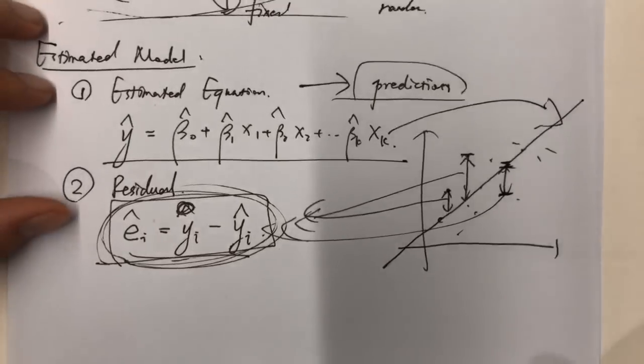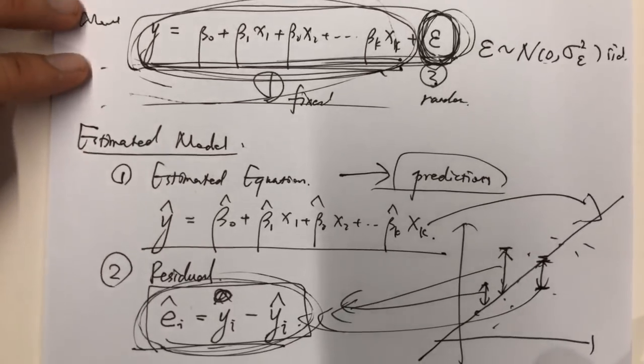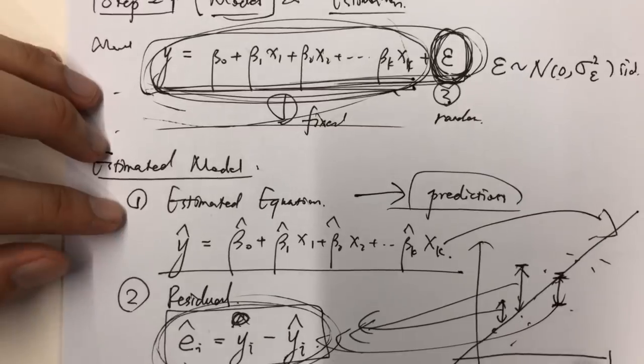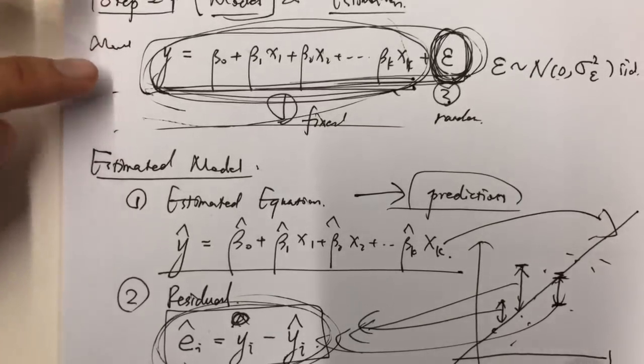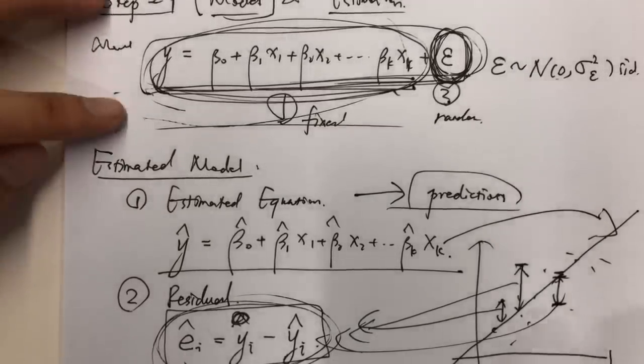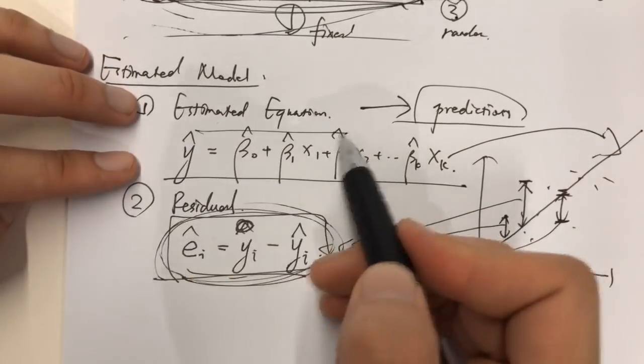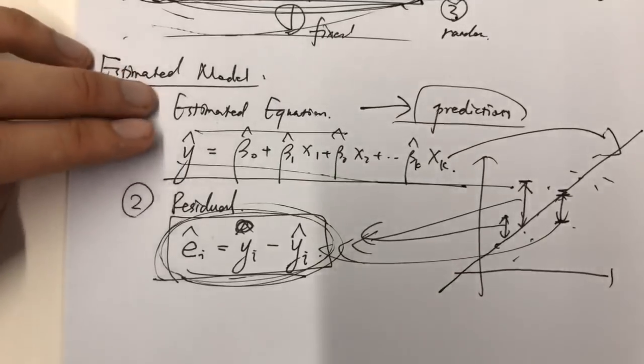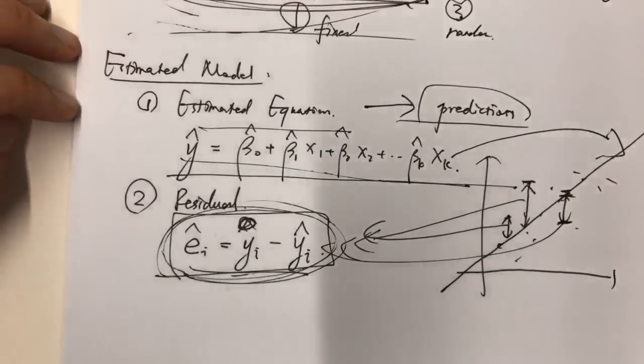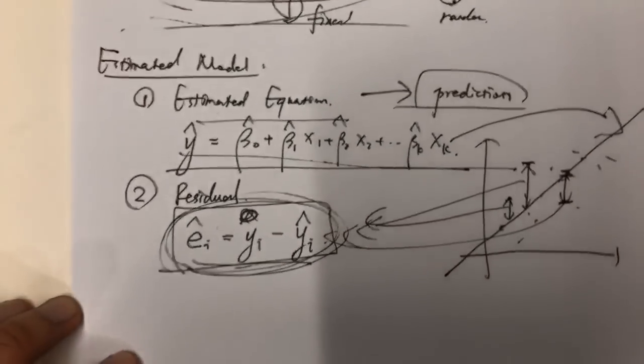So that's all about the model and estimated model. In the exam, if you are asked to write down the model that you applied, then you need to write down the model. And if you are asked what is the estimated equation, then you need to write down the estimated equation, okay? All right.